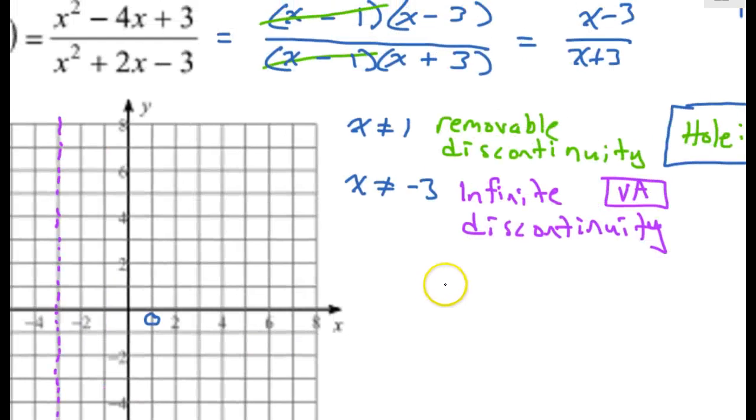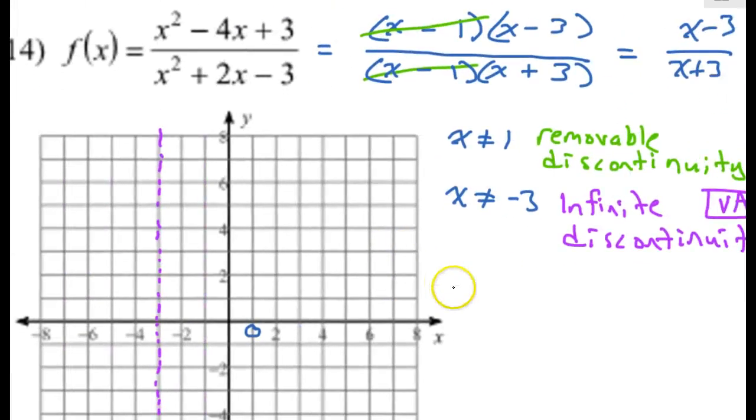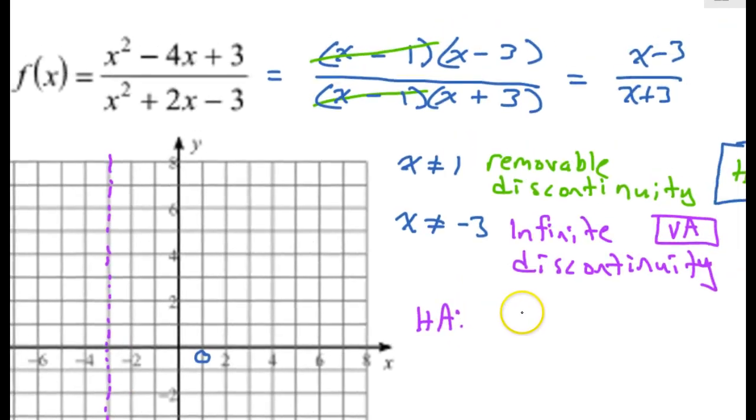Alright, as long as I'm talking about asymptotes, let's talk about horizontal asymptote. I'm going to just put HA for horizontal asymptotes. I've already dealt with the hole, the removable discontinuity. So for the rest of the problem, I'm going to focus my eyes on this version of the function. The degrees are the same. They're both linear.